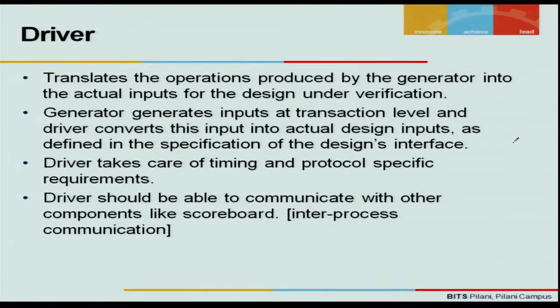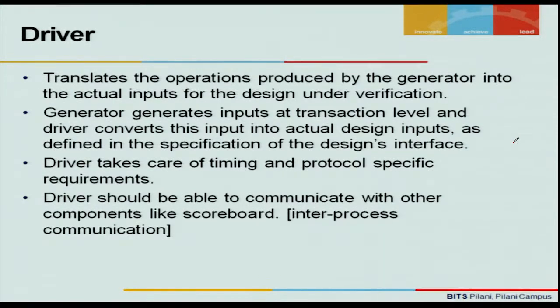Okay, now next is the driver. After the generator we have the driver. The driver translates the operation produced by the generator into the actual inputs for the design under verification. When the generator generates, it doesn't worry about how these inputs are going to be driven on the DUT, because at the DUT input side we actually have wires, and we don't put everything on the wires at the same time.